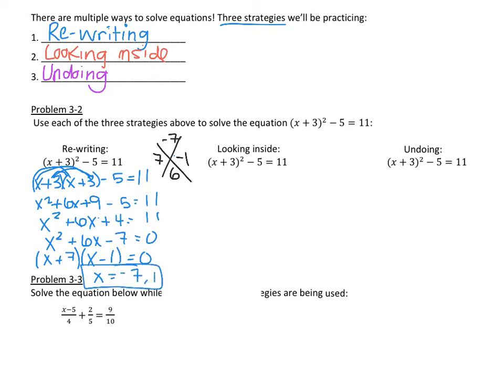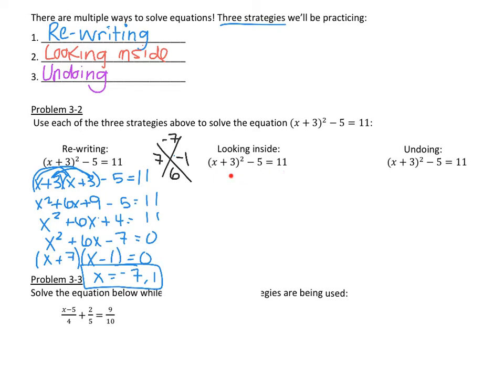Okay, so again, this is rewriting because I literally rewrote parts of this equation as I began solving, and then I ended up factoring. So now let's look at the looking inside. So looking inside, I actually like to think of it as taking a step back and just thinking about what this is saying. So I have this right here, minus 5 equals 11.